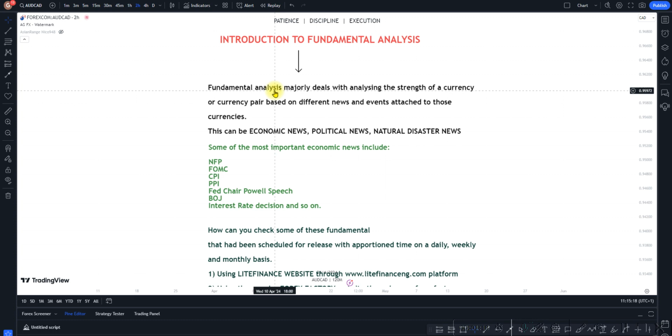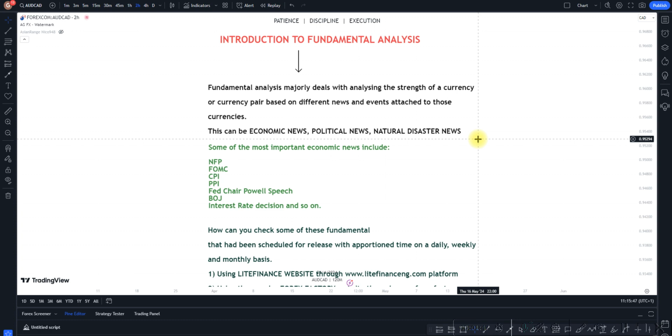Probably it's going to make it stronger, or it is going to make it weaker. So these news and events can be economic news, political news, or news of natural disasters. Any of these can either affect the strength of a currency positively or negatively. In another word, it can make the currency stronger or weaker.